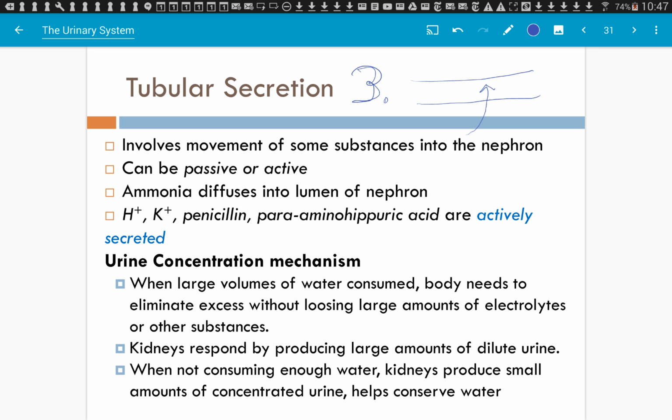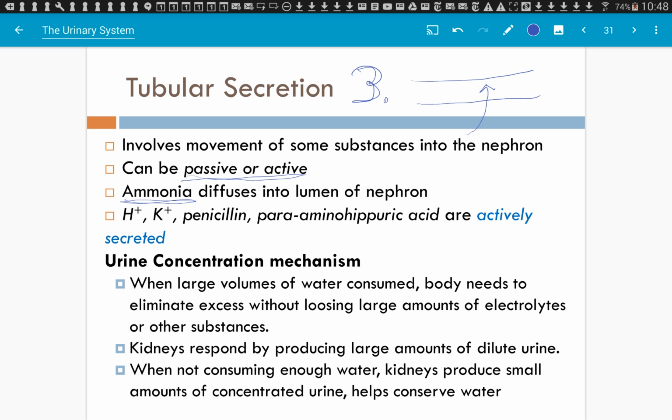Okay, this can be both passive or active. One of the things that diffuses into the nephron is ammonia. You do not want ammonia building up in your blood, and it's very quickly converted to urea in your liver, if you remember that. And then the urea travels in your bloodstream until it gets to the kidney, where most of the rest of that is secreted out as urine.